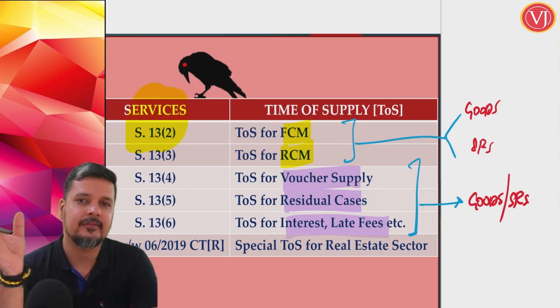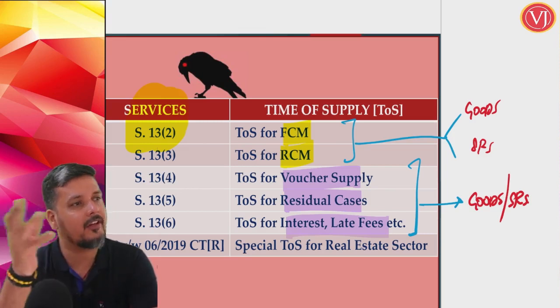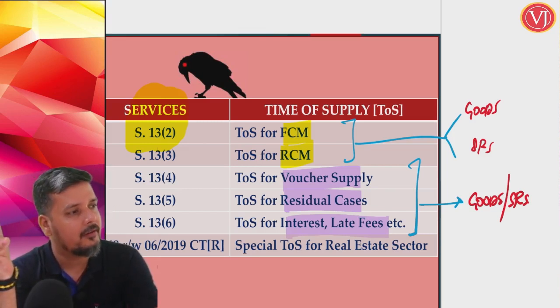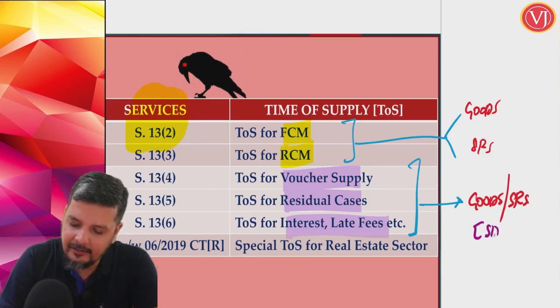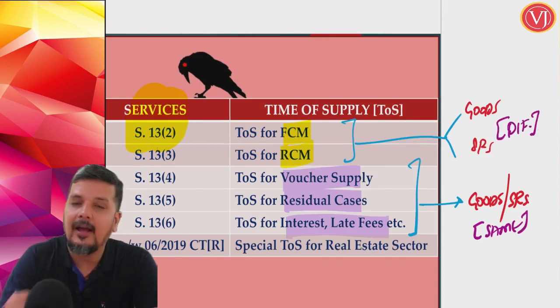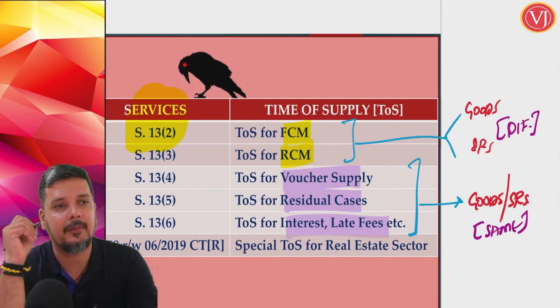Sections are different: Section 12 for time of supply for goods, Section 13 for services, but the answer is the same. Here the section is different, and even the answer is different for FCM and RCM.